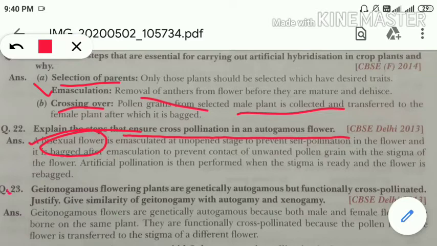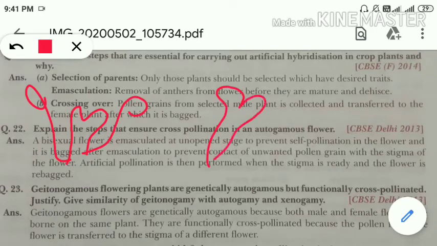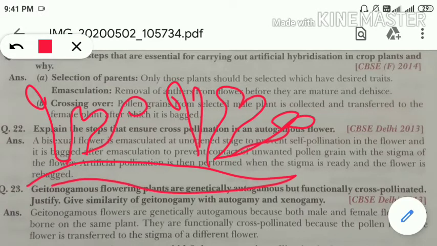Question number 23. Geitonogamous flowering plants are genetically autogamous but functionally cross-pollinate. This line is also given in NCERT. What do you mean by genetically similar but functionally cross? Here we think about cross-pollination. This is the stigma, and this is the stigma of another flower, but both flowers are on the same plant.